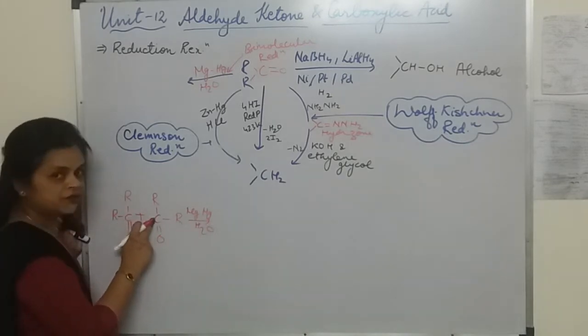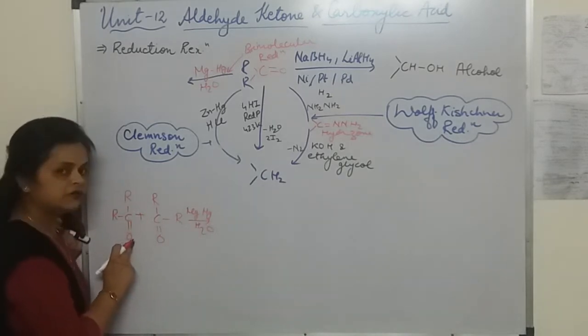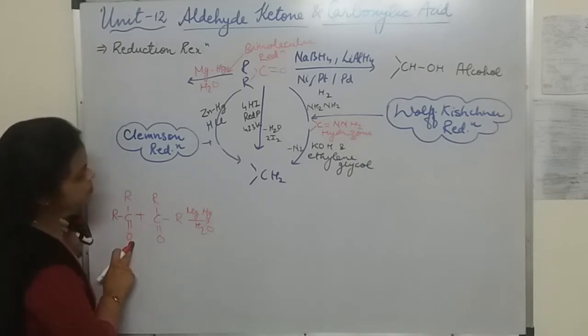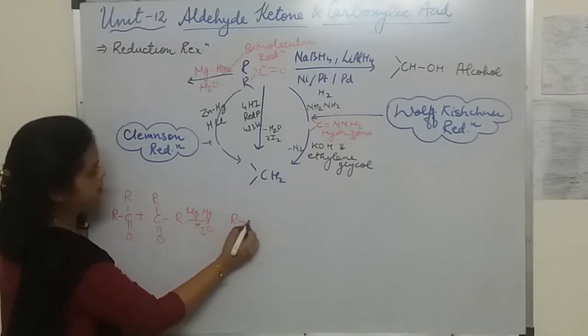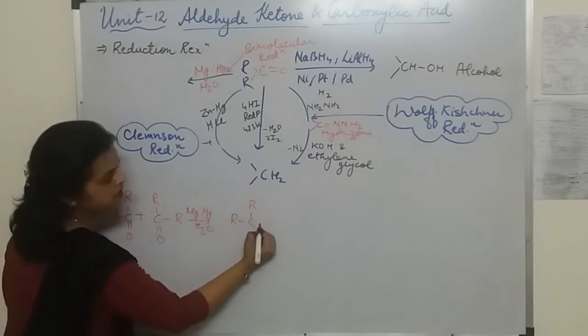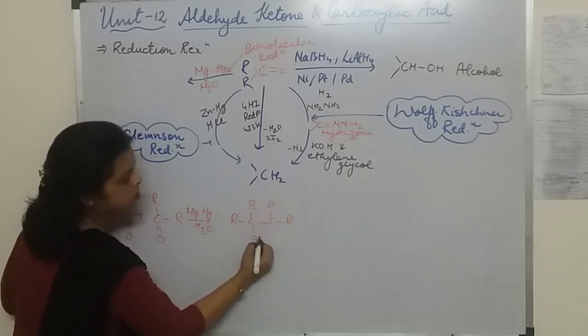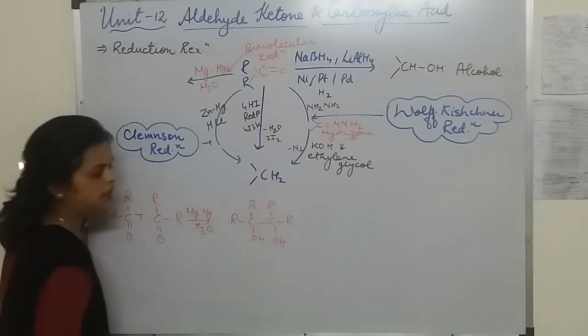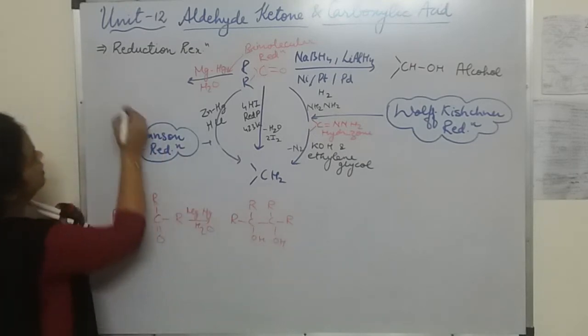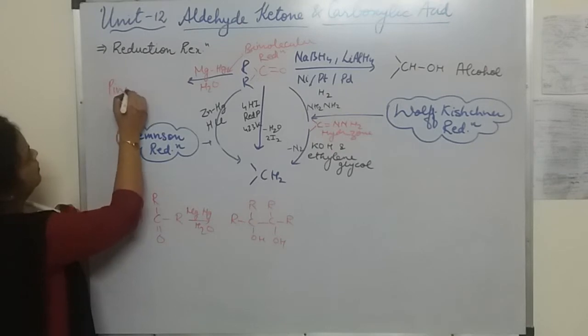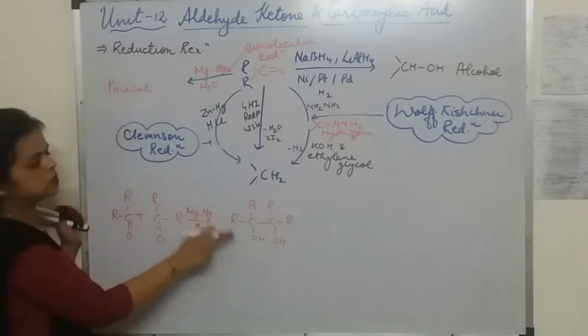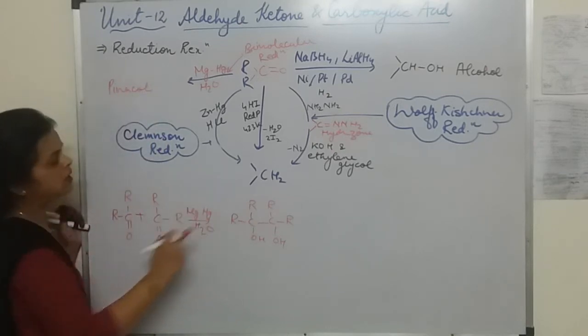The bond will form between two carbons and O will convert into OH. So whatever will be the structure, R, C, R as it is, there will be a bond between carbon and OH. Okay, this is called pinacol. You can draw the structure of pinacol. This is the pinacol.